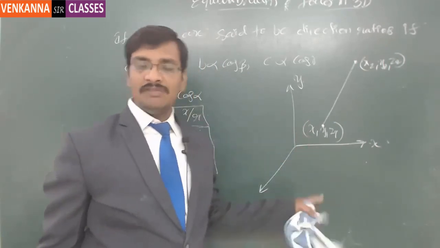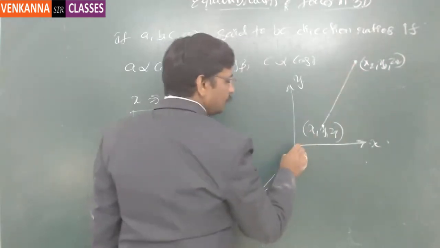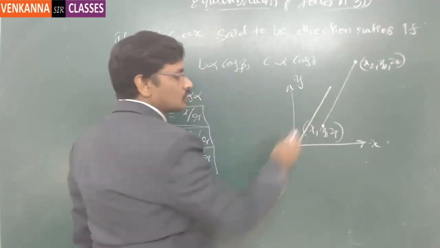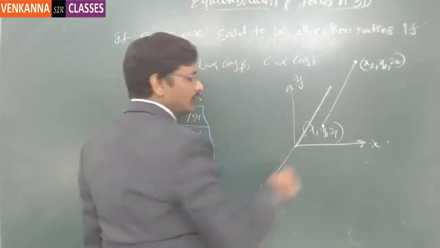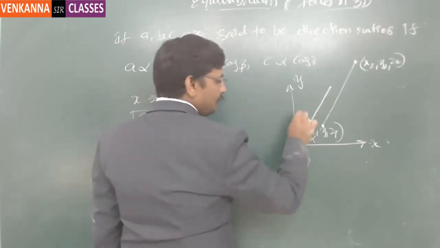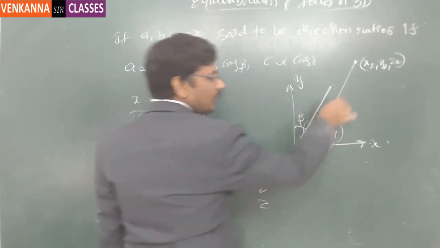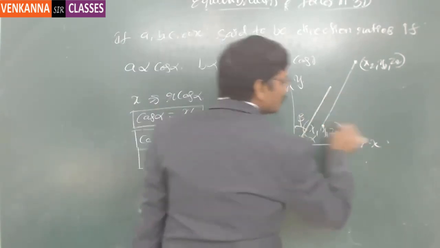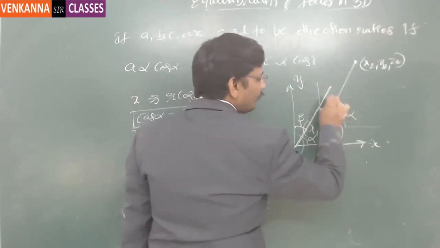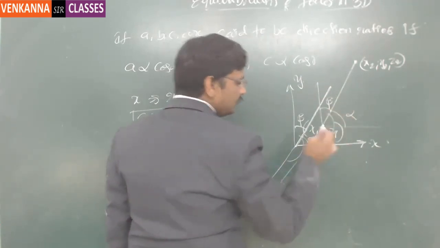Those values are the same as when I take this straight line equation and put it in this place, that is, from the origin. So with exactly parallel lines, the angle made with the x-axis is alpha, this is beta, and this is gamma. If you extend this line, it is going to make an angle of alpha with the x-axis, an angle of beta with the y-axis, and an angle of gamma with the z-axis.